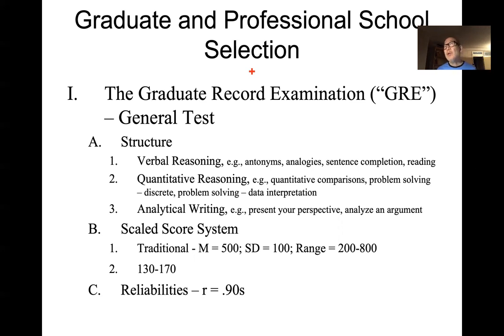With quantitative reasoning, what it measures is mathematical ability. It typically will utilize ideas or concepts from algebra and geometry, not so much from calculus and more advanced mathematics. But that said, college algebra and geometry is pretty complex.